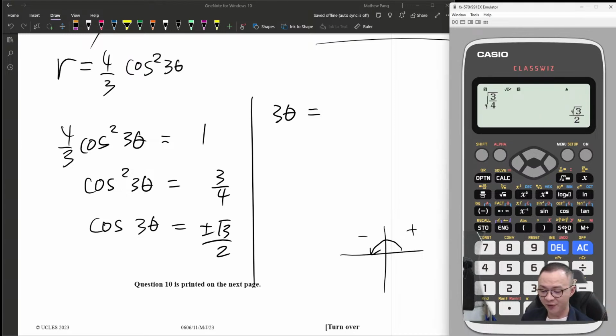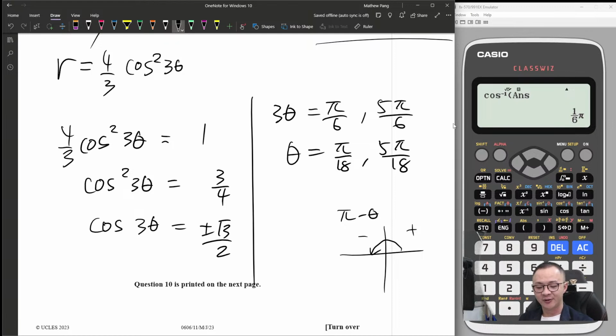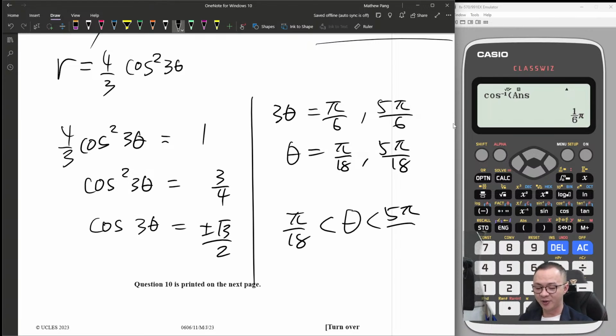Then I shift cos my answer just now. So first one is π/6. The second one is π minus that, right? So we find π/6 and 5π/6. Then I divide by 3 for both, π/18 and 5π/18. So therefore, I know my range of theta must be between these two, π/18 and 5π/18.